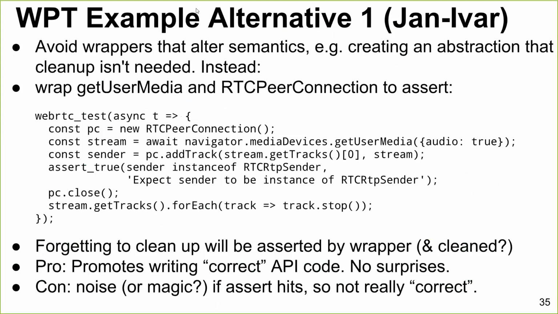So the pro would be promoting more correct API code that doesn't skip out on cleanup. The con would be that when the asserts happen, you would get leaks, or if you had automatic cleanup magic again, so it's not really correct still to write code like this. And I had one more slide, so maybe it would just be better to go to the next slide, please.